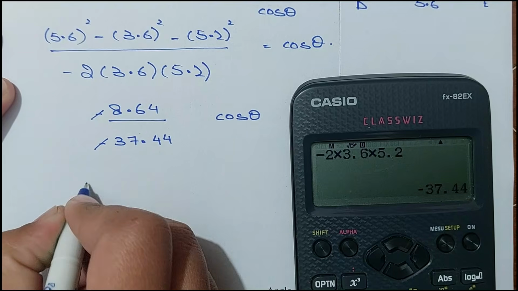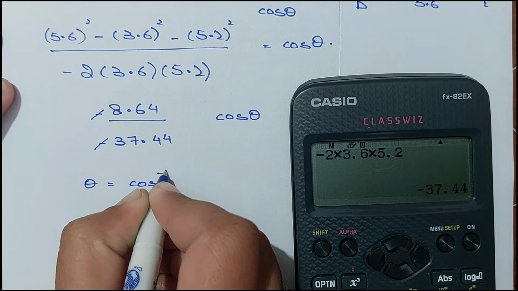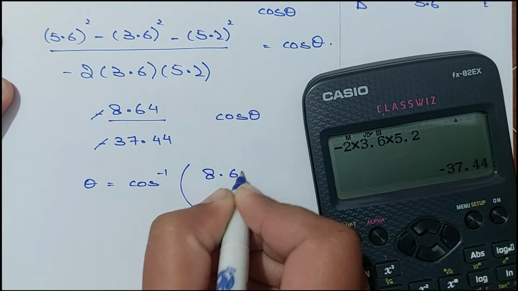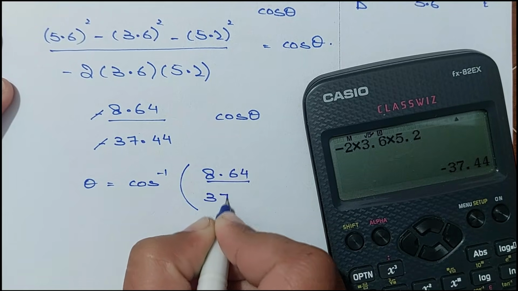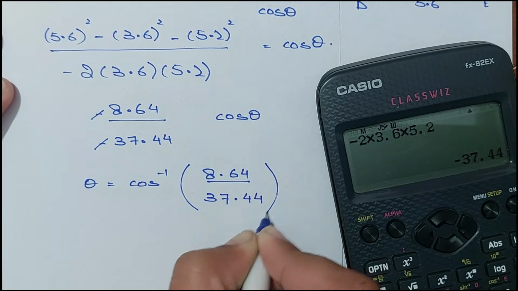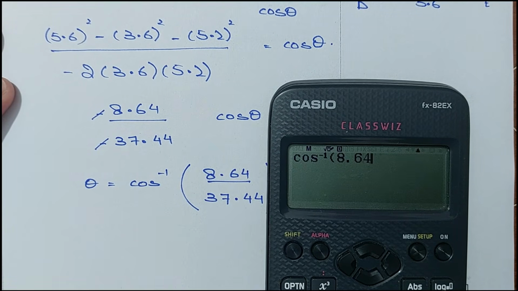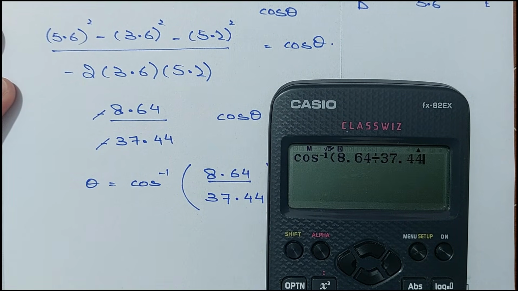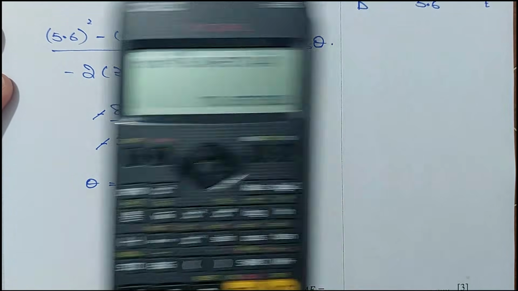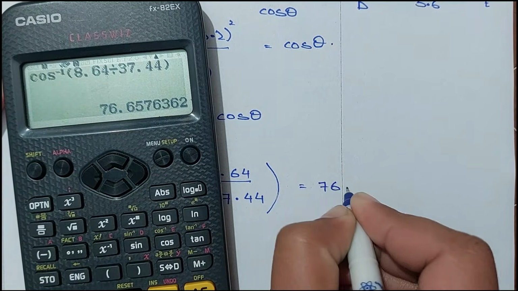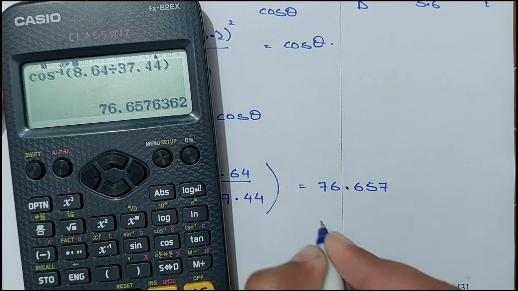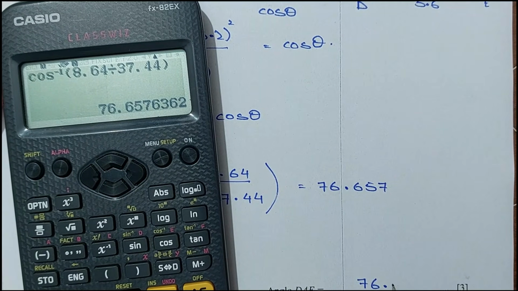Let me solve for theta, which is cos inverse of 8.64 over 37.44. Cos inverse of 8.64 divided by 37.44 gives 76.657. I'll round it to 76.7 degrees.